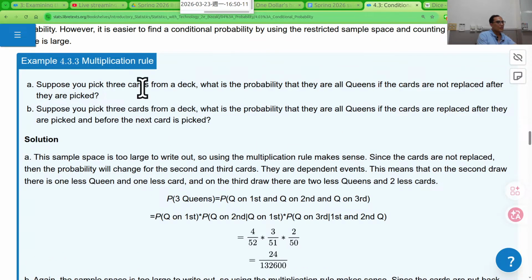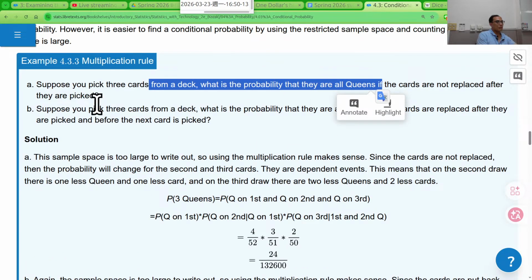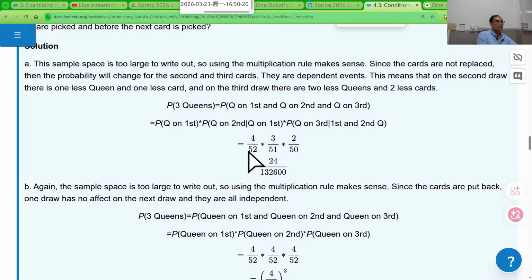So on this condition, we pick up 3 cards and all 3 are queens. What's the probability? For the first draw, 52 is the total number of cards, and 4 cards are queens. The probability is 4 over 52. After the first event, you get 1 queen, and the total number of cards becomes 51, and the remaining queens are 3.